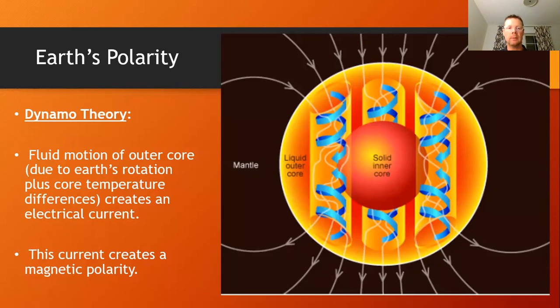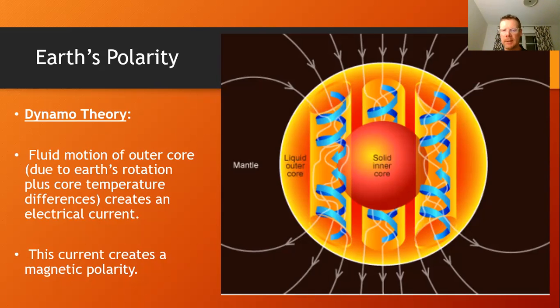A dynamo theory is a fluid motion of the outer core due to Earth's rotation plus core temperature differences. And that fluid motion of the outer core creates an electrical current. Notice the way that current is shaped on the schematic here, and how it mimics what we tried to accomplish with that nail and the electric current.